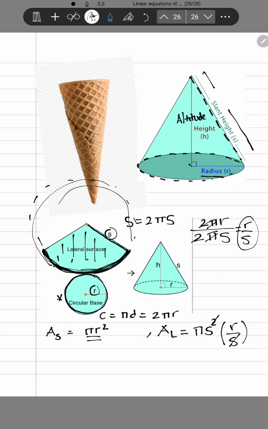This s cancels out, leaving pi, slant height, and the small radius. This is the area of the section of the large circle, which is the side of the cone. So the total area is the area of the small circle, which is the base, plus the area of the side, the larger circle section, which is equal to pi r square plus pi r s.